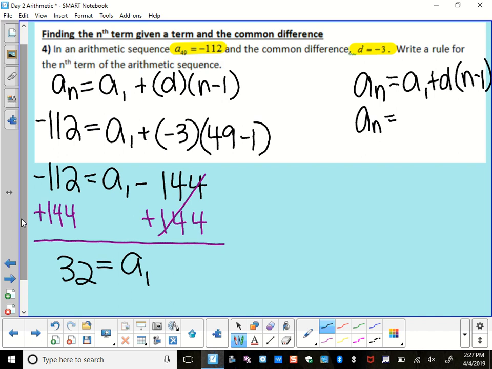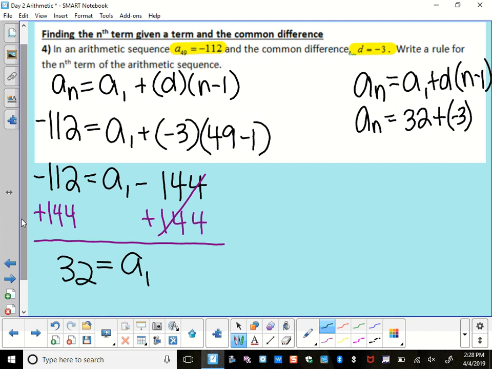What do we have for our first term? 32. That's my first term. What's my difference? Negative 3 is my difference.